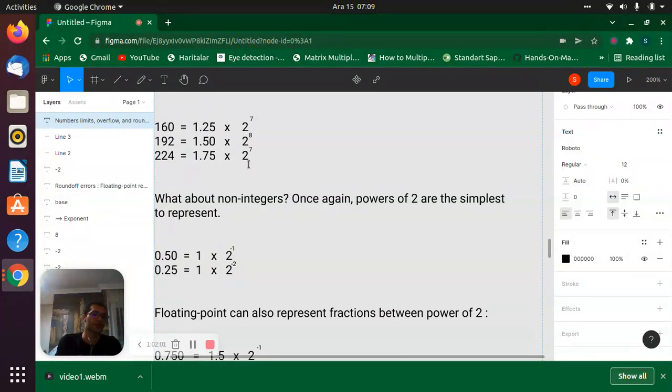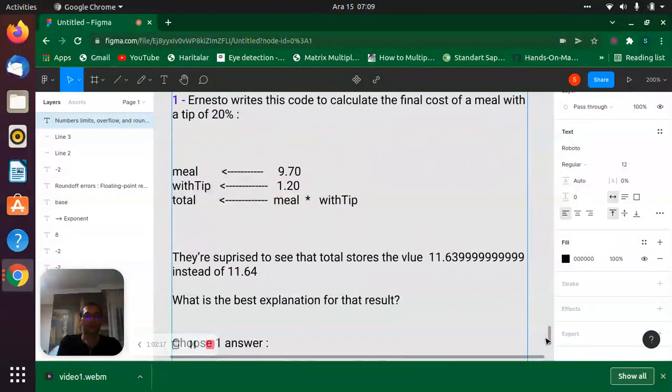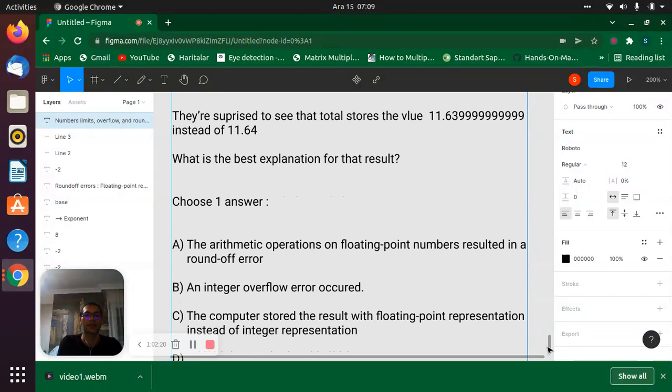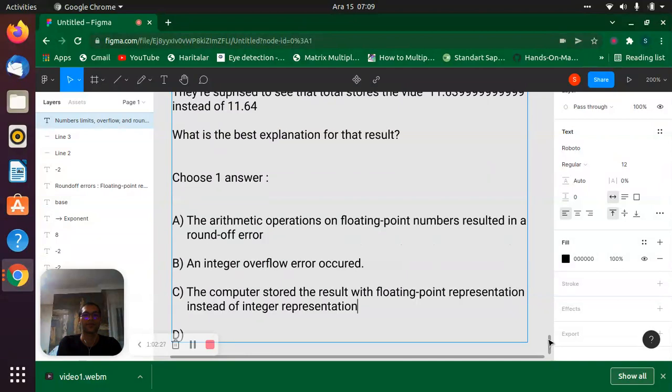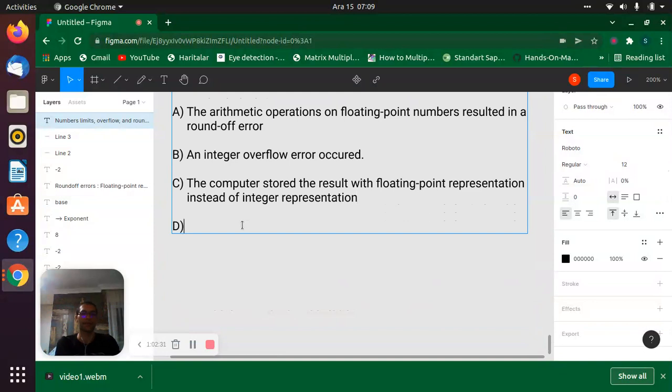Sometimes we don't want to say 100,000, we just say 5 powers of 10, and we show our numbers. The computer does the same thing. So this is not a good explanation for the result. This one is not true, not the best one to explain the situation.